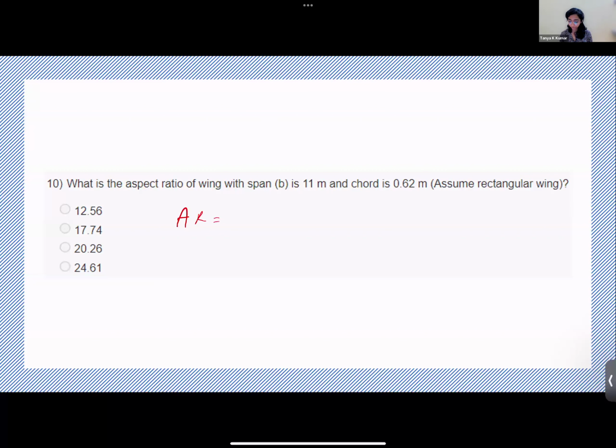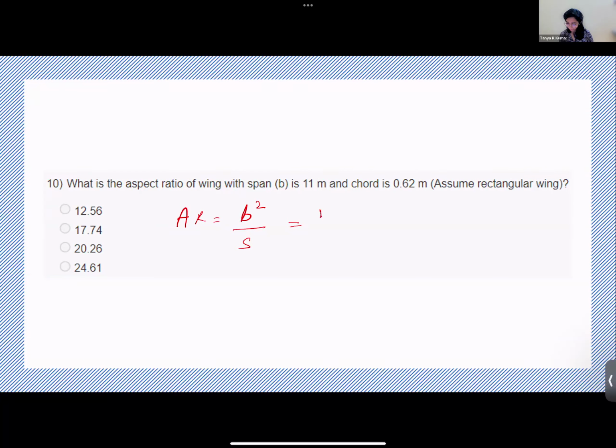Formula for aspect ratio is b square by S. Now tell me the value. 17.74. I'm not sure what the answer is.